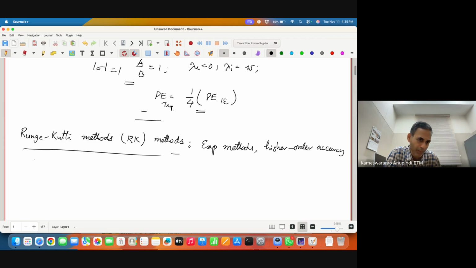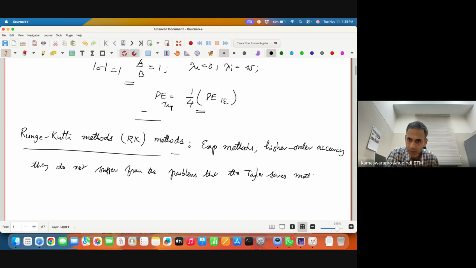Okay, but then they do not suffer from the problems that the Taylor series method suffers from. So what are these problems?